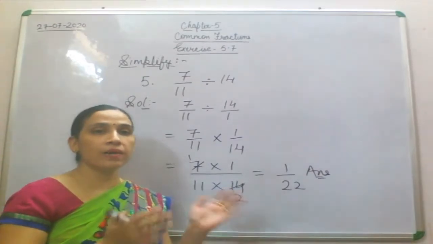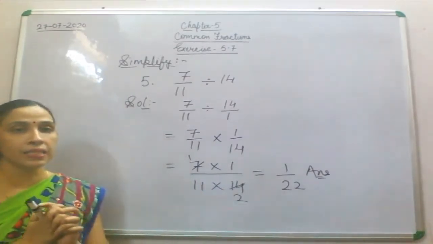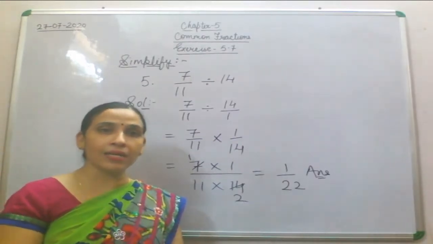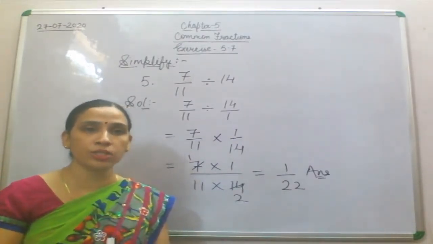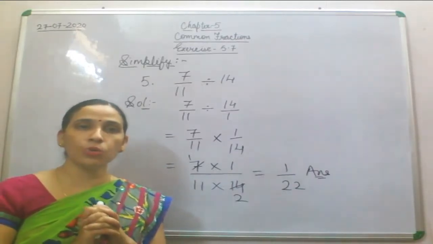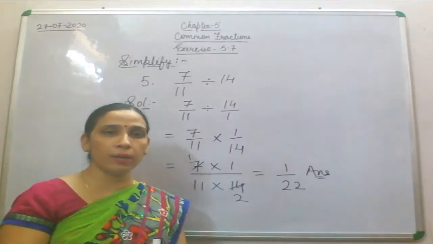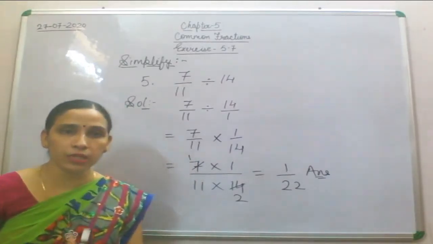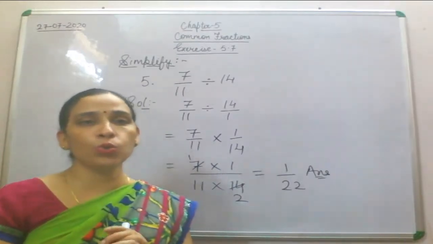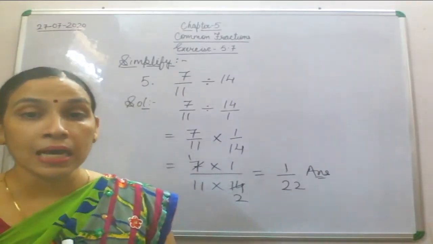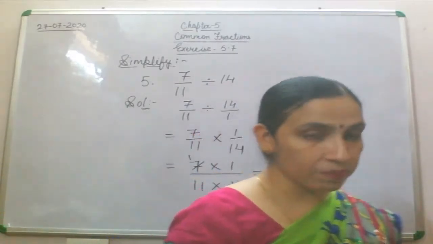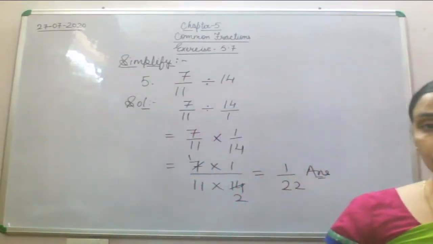So children, what have we seen in this question? In this question we have seen how to divide a given proper fraction, a given unit fraction, by a whole number, a natural number. See children, we will do a few more questions afterwards, and after that we are going to do some questions of mixed fractions also.